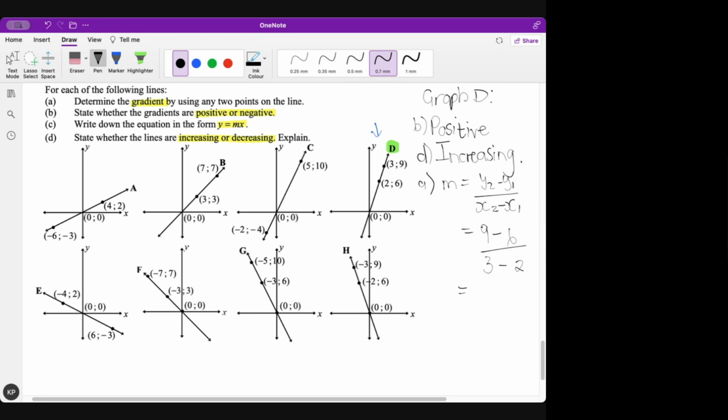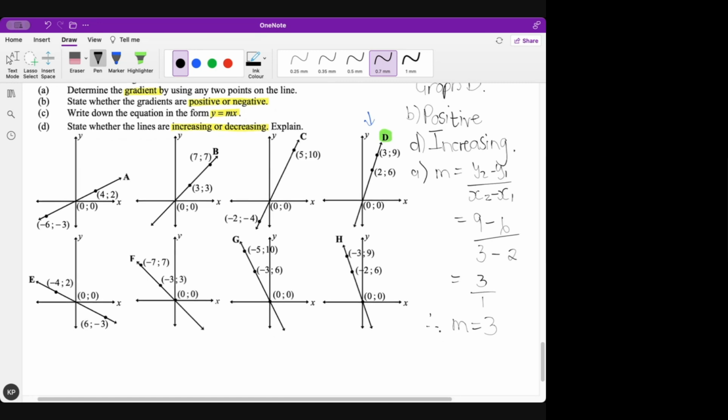So in my numerator, I have 9 minus 6, which will then be 3 over 3 minus 2, which is 1. That means your gradient is equal to 3. And then your formula is y is equal to 3x.